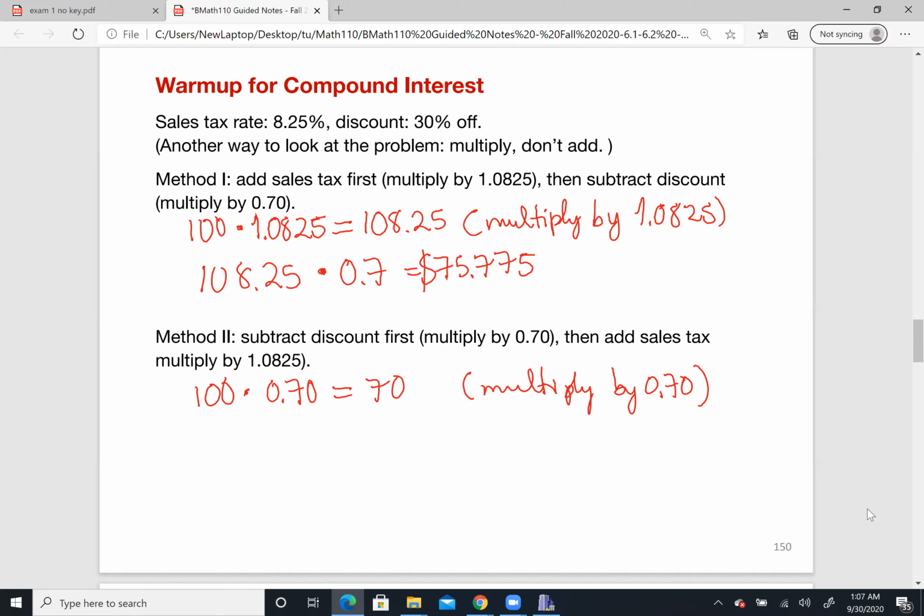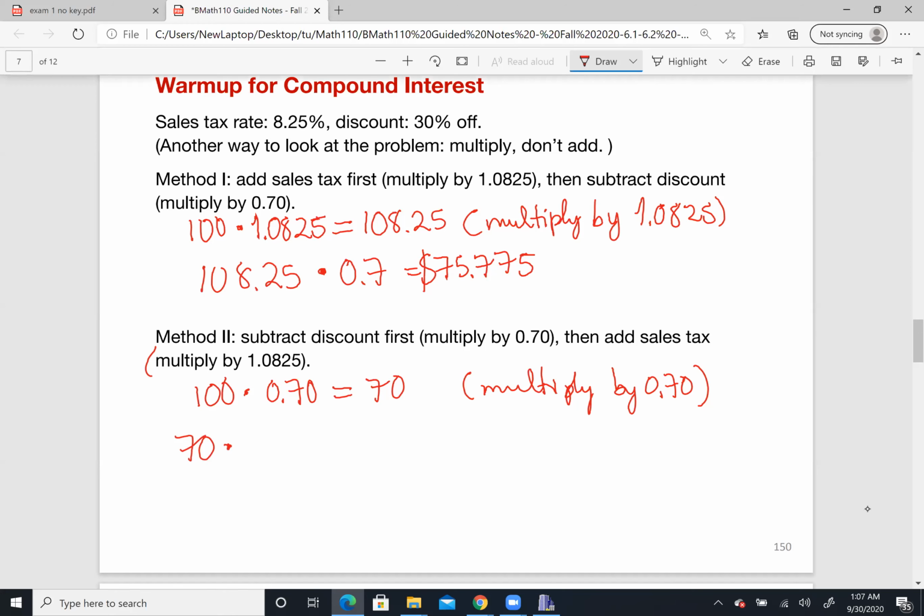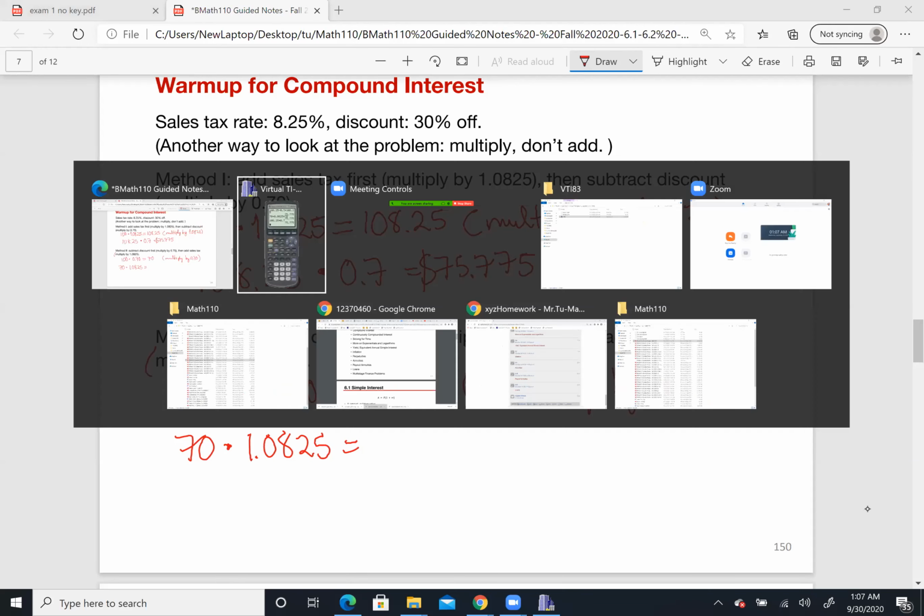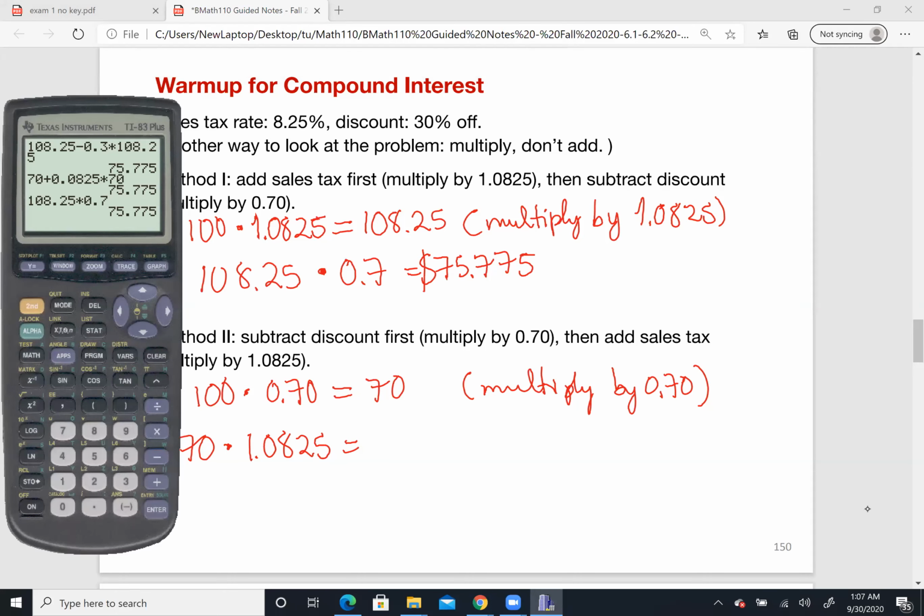So now I'm going to add the sales tax, which actually means multiplied by 1.0825. So I have 70, and I multiply by 1.0825. Okay, let's see if it's going to be the same answer.